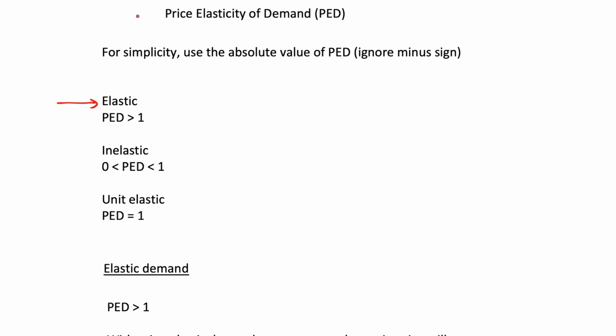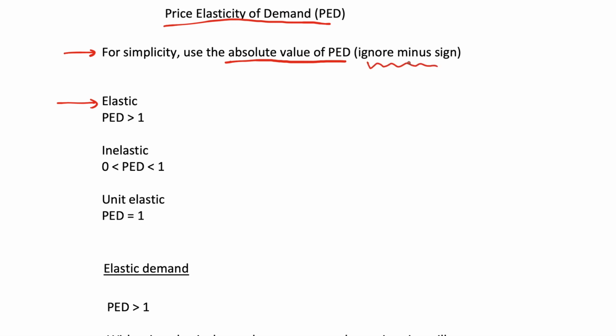Hi, in this video we'll be looking at price elasticity of demand again, but in this one we will be focusing on what we mean by elastic demand. So to kick this off, for simplicity, when we're thinking about whether something is elastic or inelastic, we only really care about the absolute value of our price elasticity of demand, which means that we ignore the minus sign in front of it.